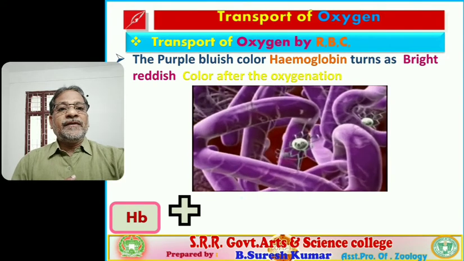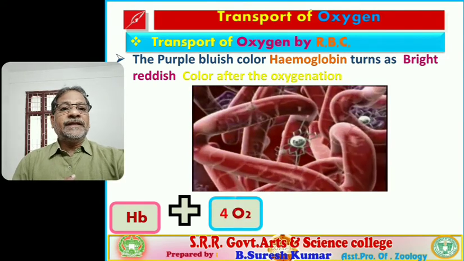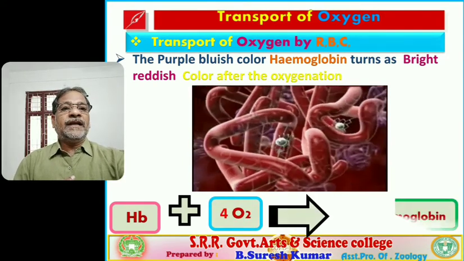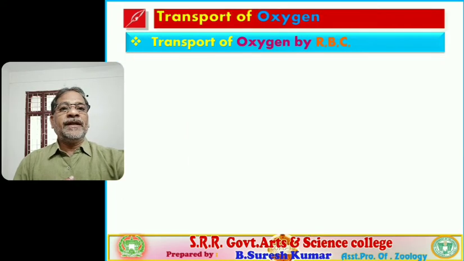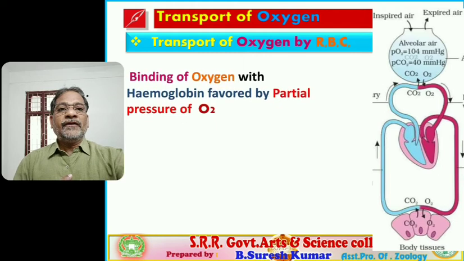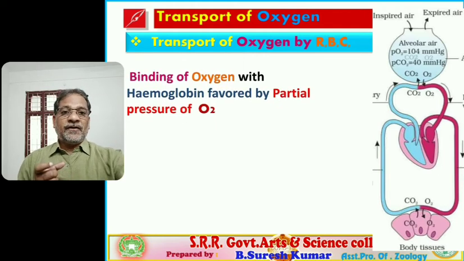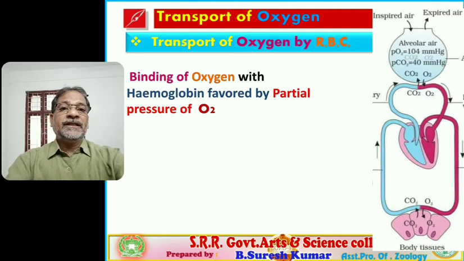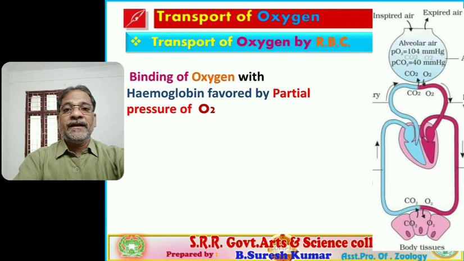Next, the hemoglobin combines with oxygen and gives rise to oxyhemoglobin. Right. So, in what way does it occur? You observe the binding of oxygen with hemoglobin is propagated by the partial pressure of oxygen. You remember, student, very important. This factor plays a key role.